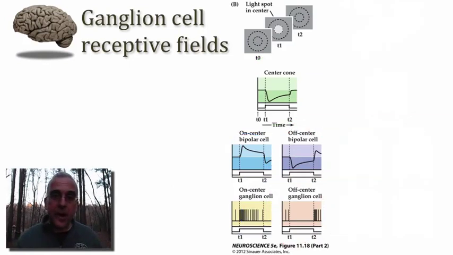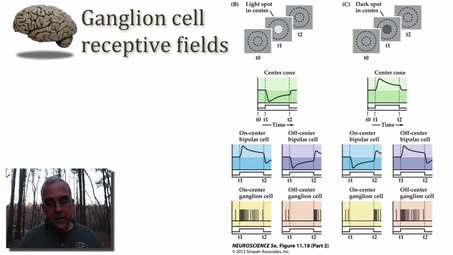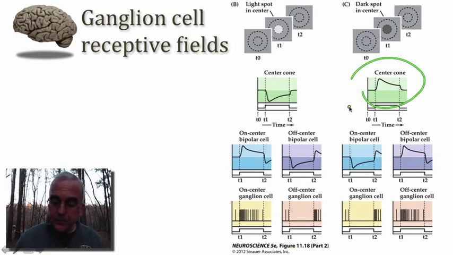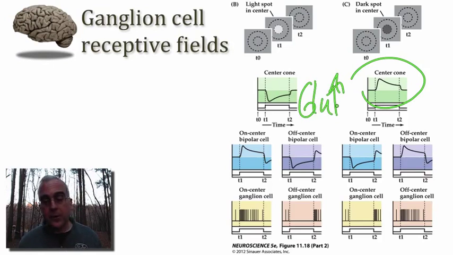So now let's consider what happens when we decrease the illumination of the center of the receptive field. If we do that, then we imagine that we are withdrawing photons from that photoreceptor, allowing it then to depolarize even more than where it was with background illumination. So now with greater depolarization, there's going to be an increase in the release of synaptic glutamate from the terminals of that photoreceptor.